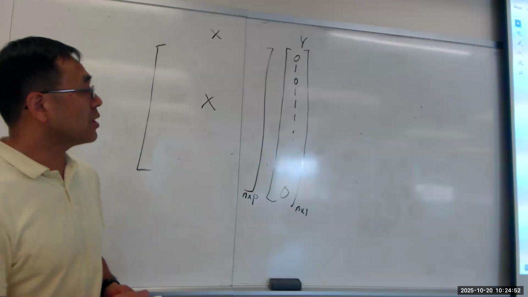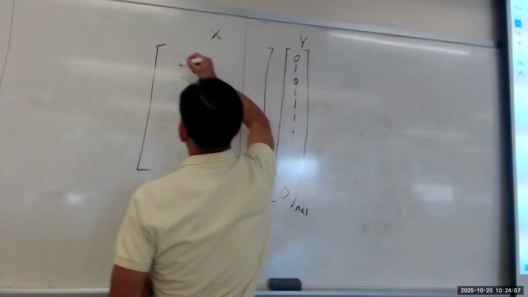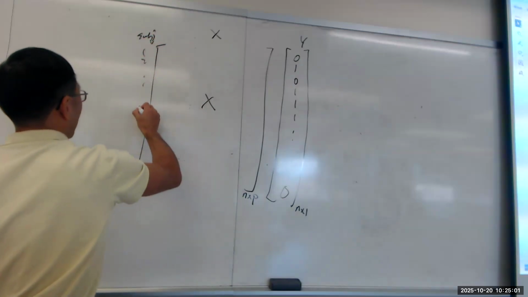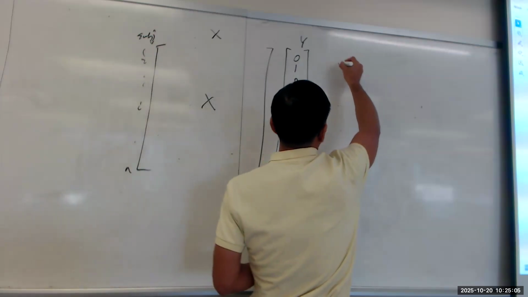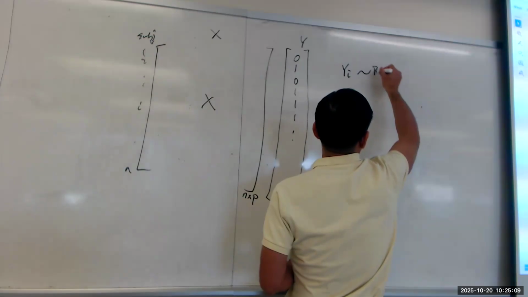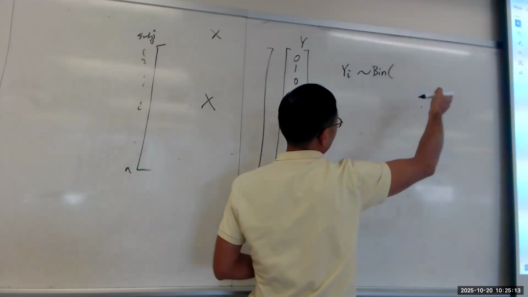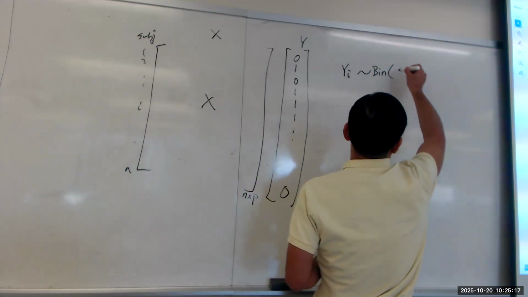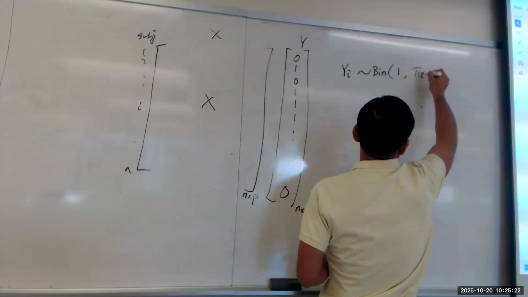But for logistic regression, what you need is now you have the subjects 1, 2, up to n. I have these objects, so this is n. You have this yi. We're going to assume it follows a binomial distribution, right? This is a binomial distribution, with 1 and pi i.